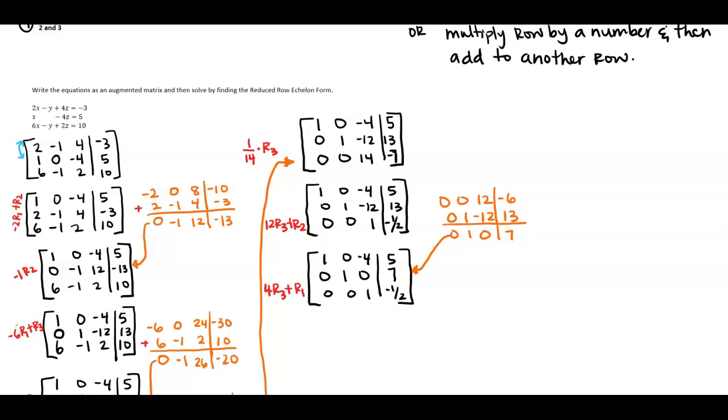When I do 4 times row 3, that will give me 0, 0, 4, and then negative 1/2 times 4 is going to be a negative 2. Add it to my row 1, so 1, 0, negative 4, and 5. When I add these together, I get 1, 0, 0, 3. And that will be my new row 1.